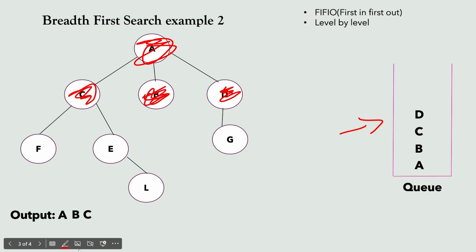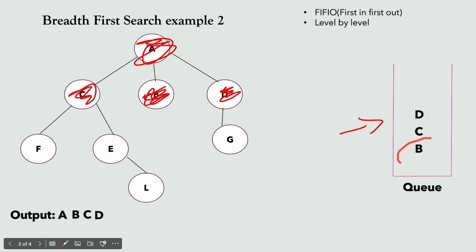Now you can see there is no other node that A goes to, that's why we remove it from the queue. You see here, A is gone now. So what do we have next?